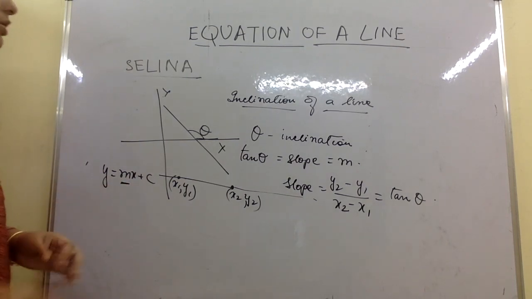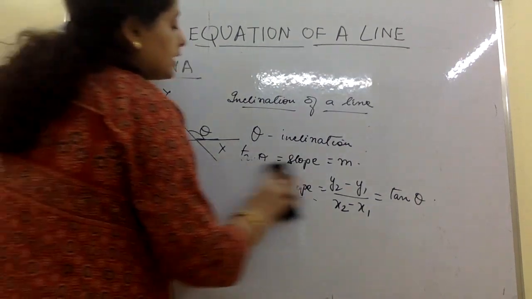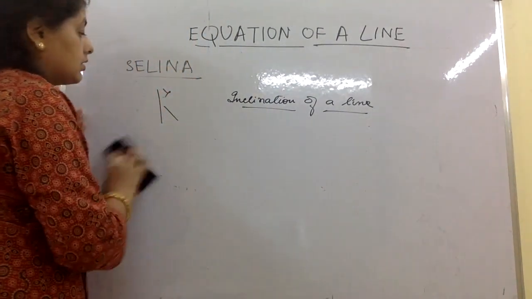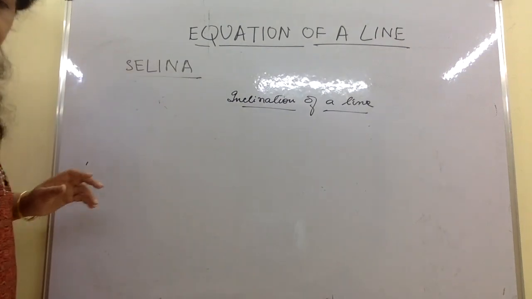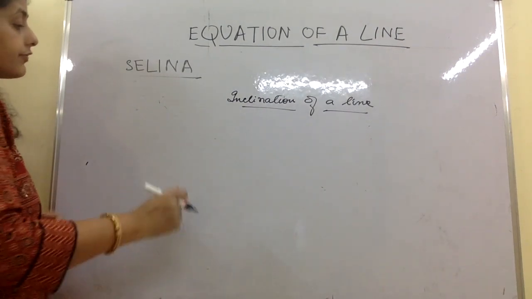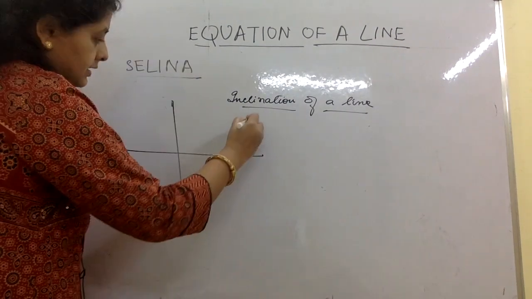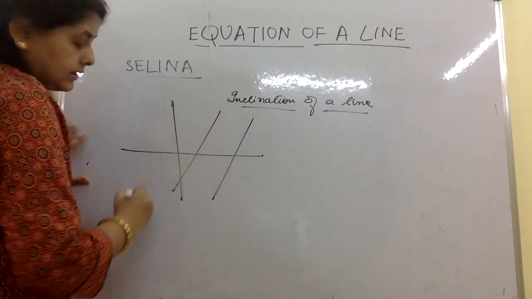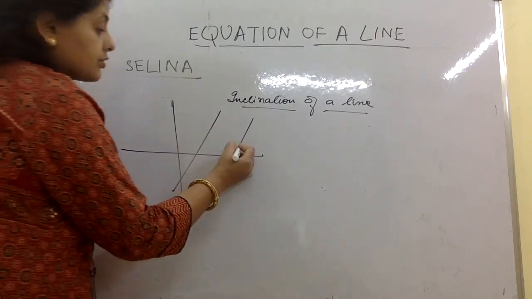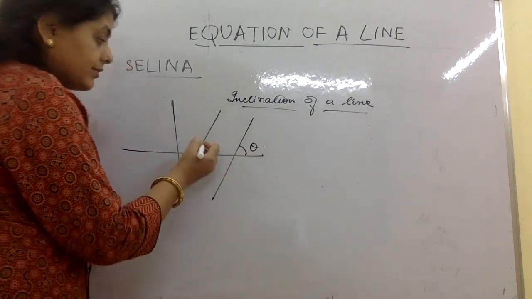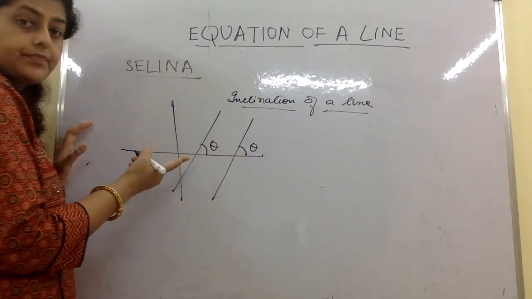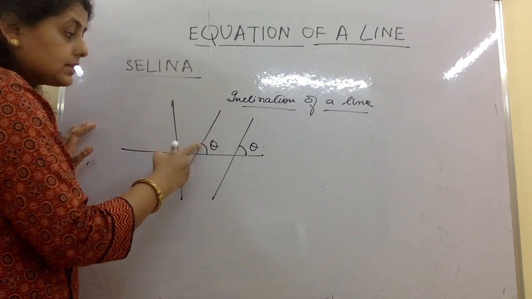Now apart from this also, there are a lot of other things that we need to understand in this part of the chapter. There is something called if two lines are parallel. So supposing one line is going like this and another line is parallel to it. If this angle is theta, then remember this angle will also be theta, right? Because corresponding angles are equal.